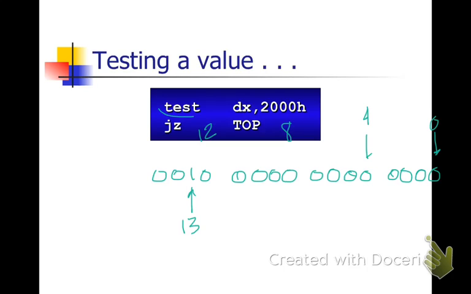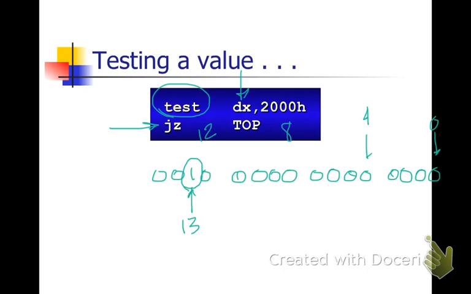Test behaves the same way as an AND, so this is going to clear every bit in DX except for bit 13. So in the end, the instruction checks the state of bit 13, and it's going to look at the zero flag to tell whether or not the result, when we clear everything out but 13, is 0.